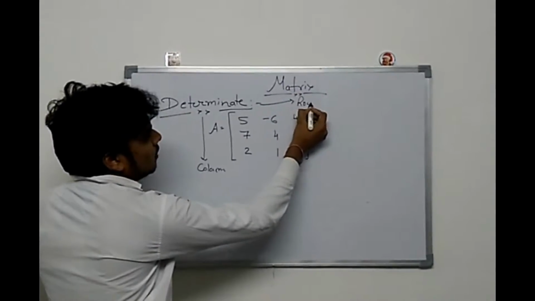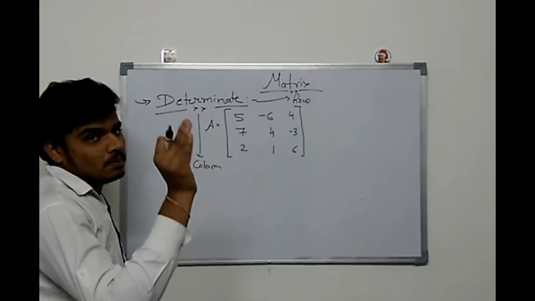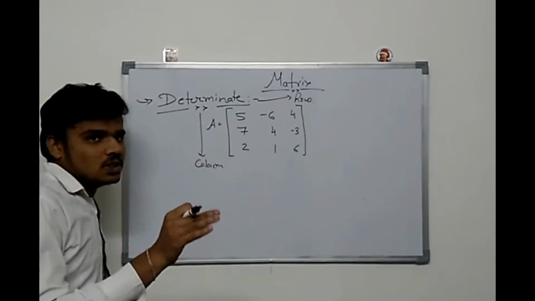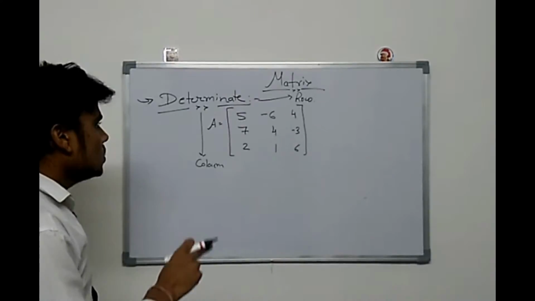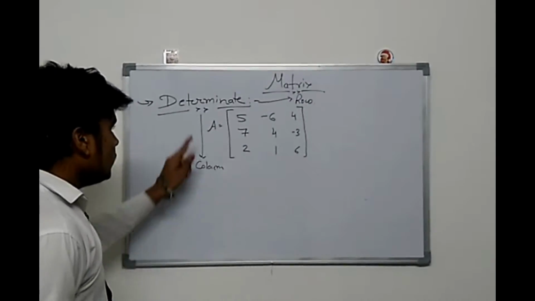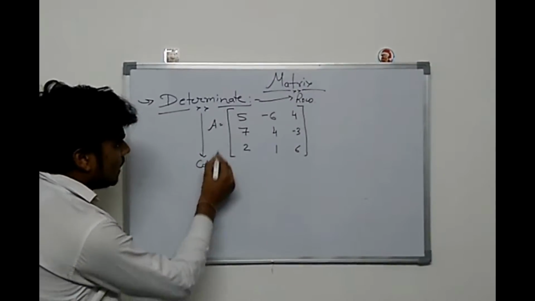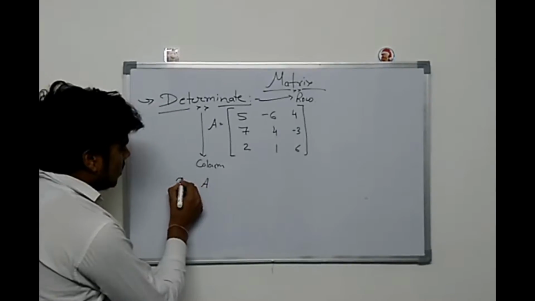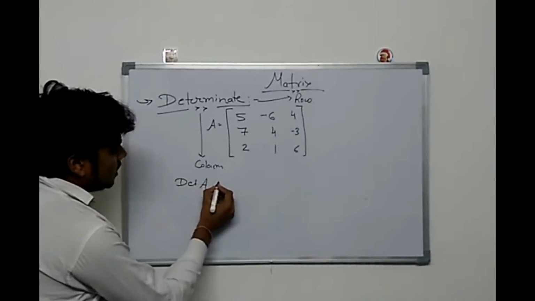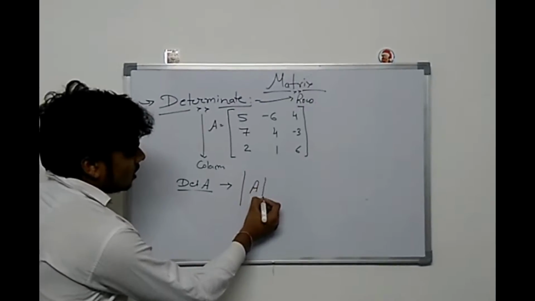I explained matrix addition, subtraction and multiplication in my last video. So now we talk about the determinant, row and column. What is the determinant, and how is it shown for this matrix A? The determinant is shown by this.